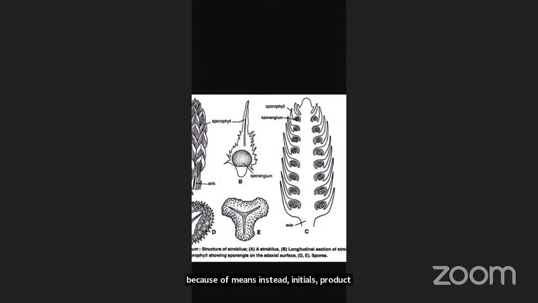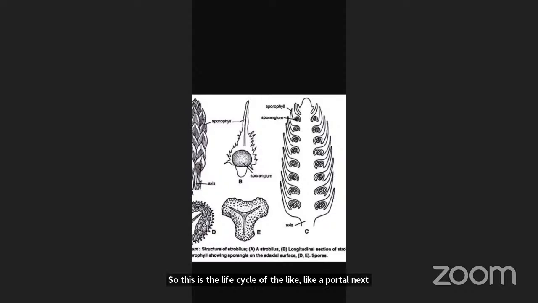This view was opposed by staining, that the protocorm was unlike a sporophyte in the absence of root and vascular tissues. Okay, so this is the life cycle of Lycopodium.